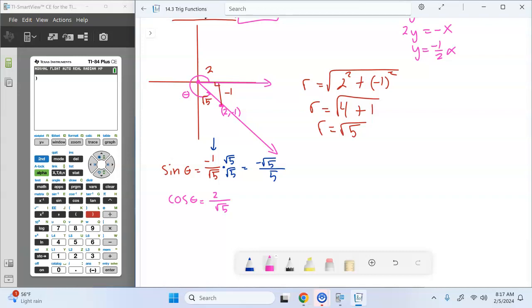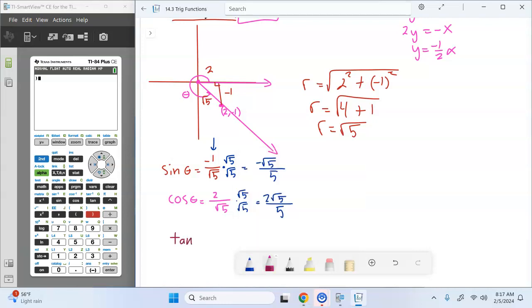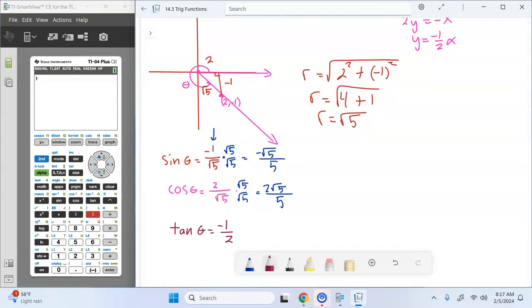So when we rationalize it, 2 root 5 over 5. And tangent. No rationalization necessary. There's no radicals in that. So negative 1 over 2.